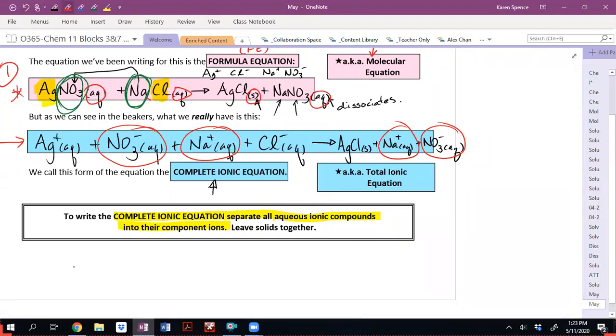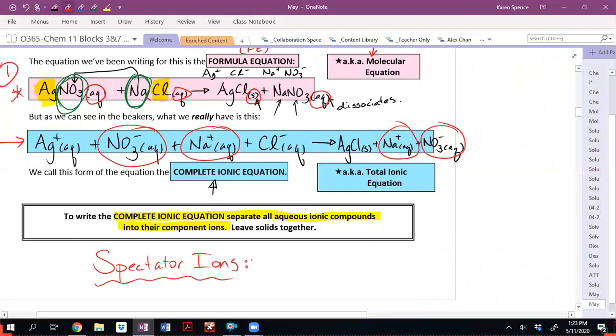They are not the baseball players. What do we call those people watching the game? Fans. We call them fans, but there's another word we could use. Spectators. Okay, and the spectator ions are ions that are not involved in the chemical change. They just watch the other people react. Ions that don't react.